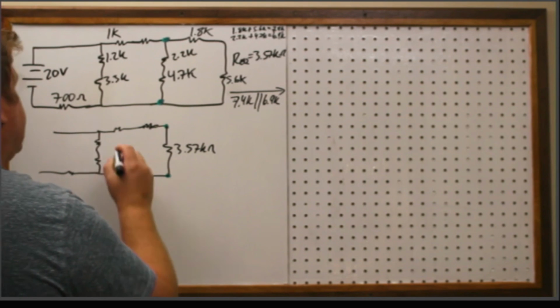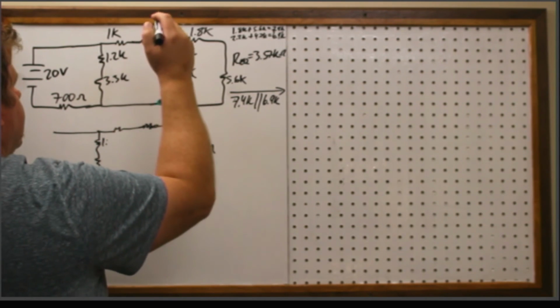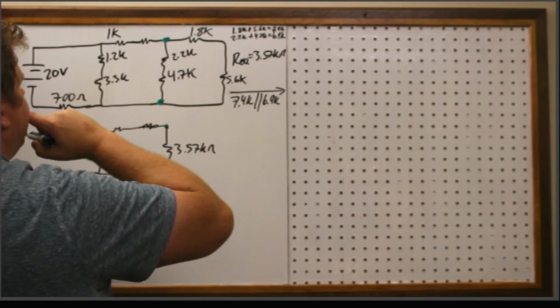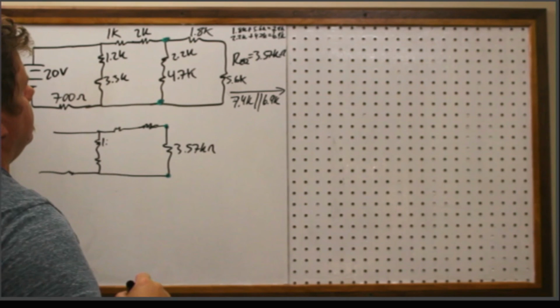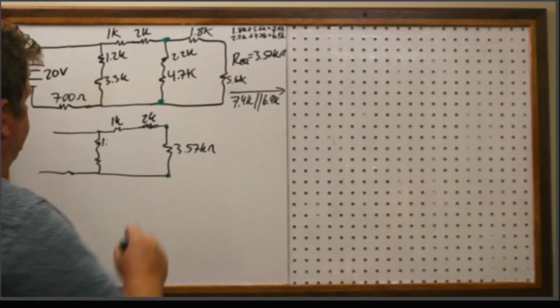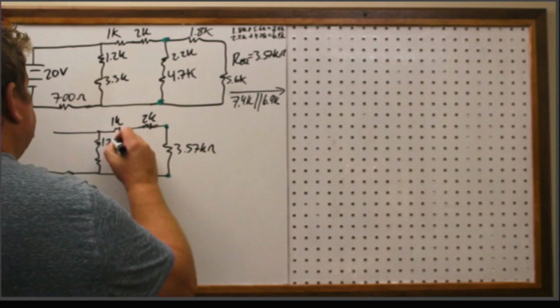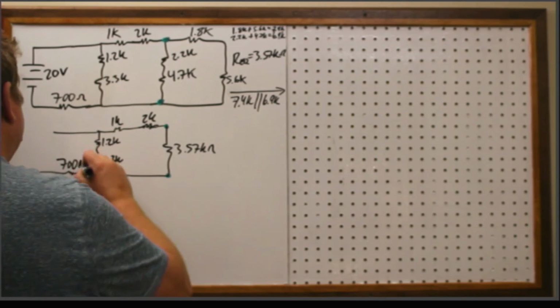And nothing down here. So this is 1. I didn't give this a value, did I? How about 2K? All right, so there's 1K, 2K. This one is 1.2K. This one is 3.3K, and this one is 700.